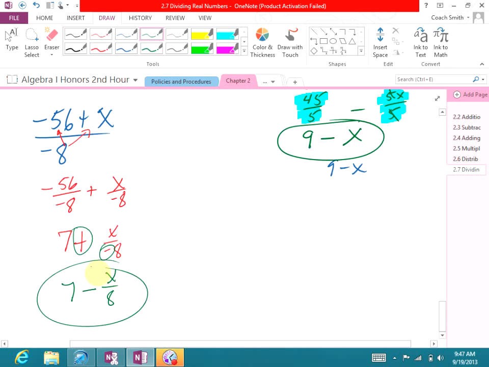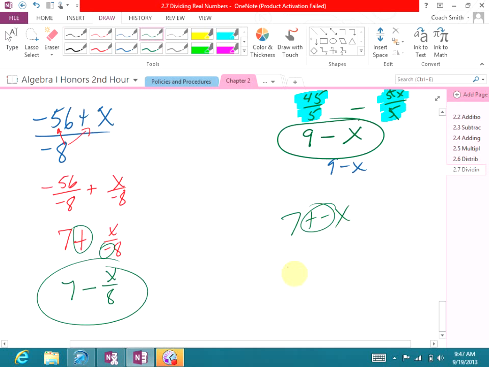And that's your answer, because it applies to the fractions just like it does the whole number. If we would have had 7 plus negative x, we know that that's 7 minus x. So this same thing applies over here. Plus a negative on a fraction is still the same thing.